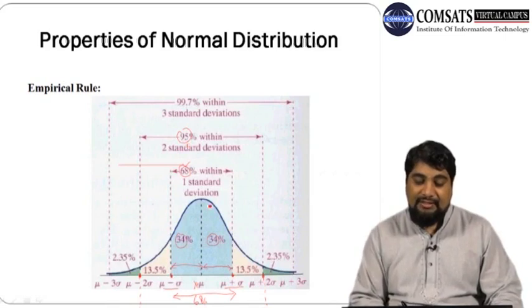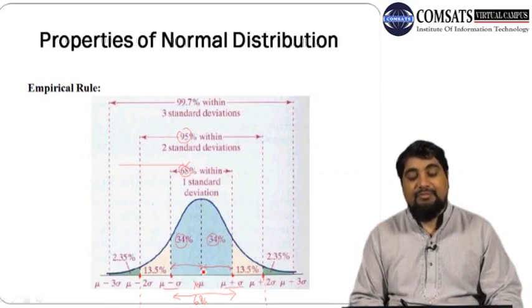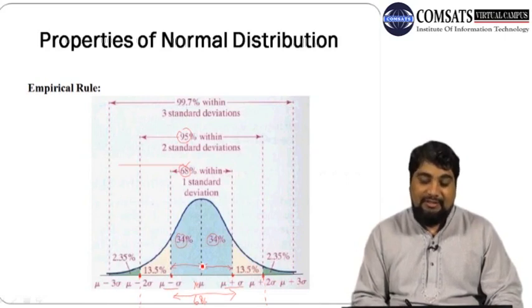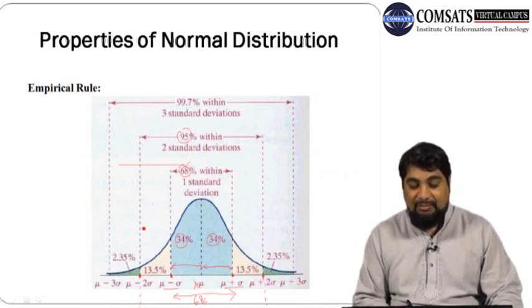Again, since the normal distribution is symmetric, this middle line will divide this 95% area into two equal parts. So this probability will be 95% divided by 2, which is 47.5%.